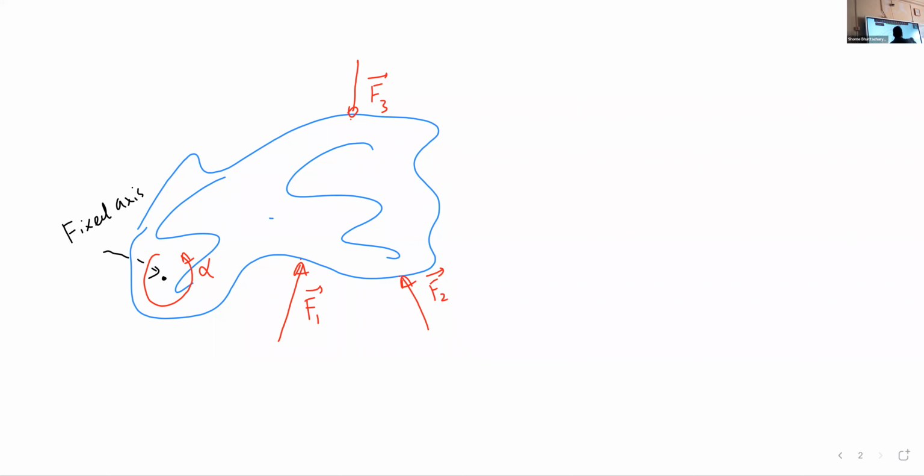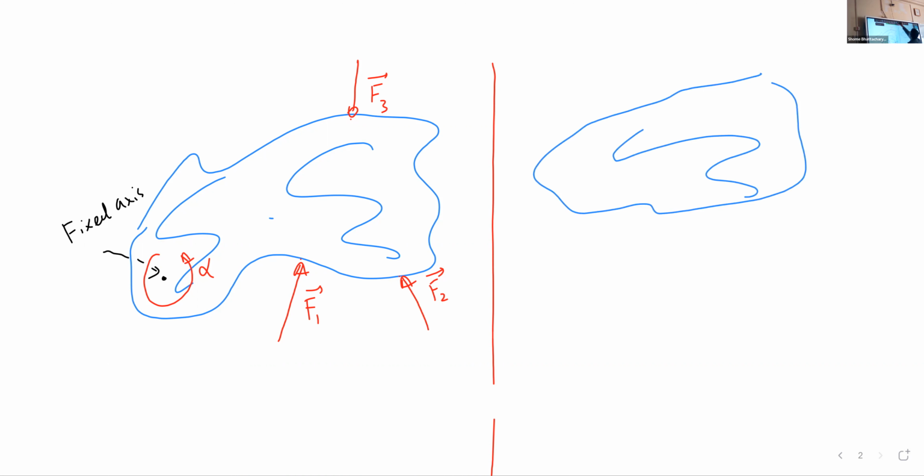So instead of the entire rigid body, now if we look within the rigid body, we are considering one single particle of mass dm, which is located at a position vector r with respect to our fixed axis of rotation. And this is rotating with omega and alpha at the given instant.